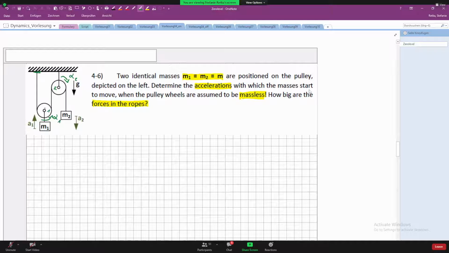And at the same time, this pulley number 1 moves upwards. It moves upwards with the same acceleration as the mass m1, since the mass is connected to the center of the pulley. So they have the same acceleration. Translational component of pulley 1 is equal to the absolute acceleration of the mass m1.